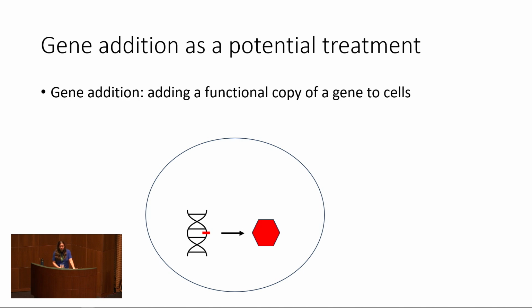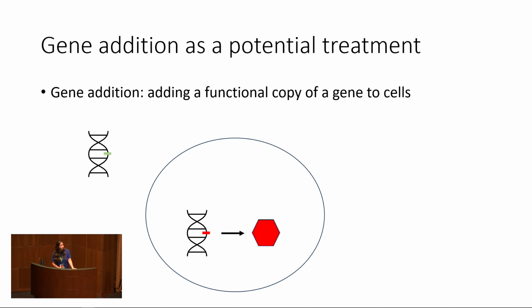The way that gene addition works is that it aims to treat a disease by adding a functional copy of a gene to specific cells to treat and prevent the disorder. So here's my little schematic. Fatty acid oxidation disorder patients currently have a gene that has pathogenic variants in it, and those variants cause the encoding of a deficient protein.